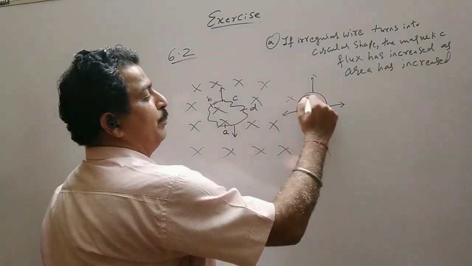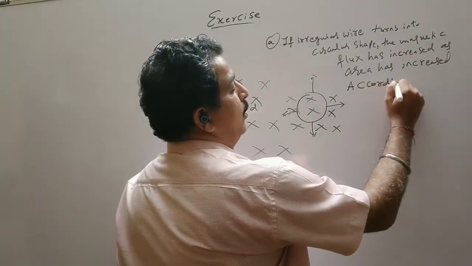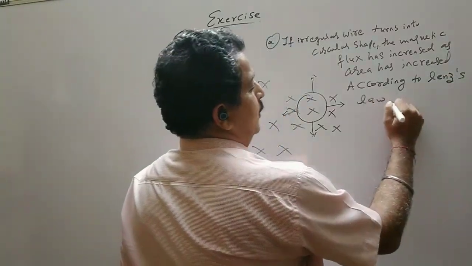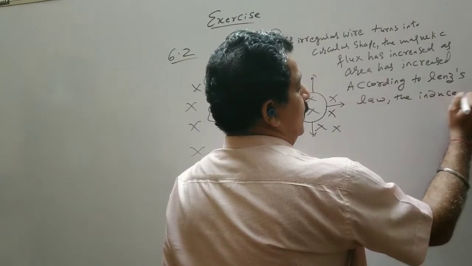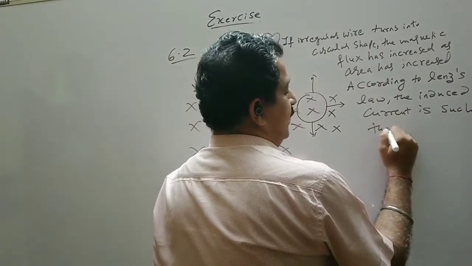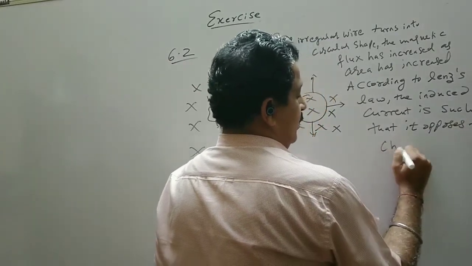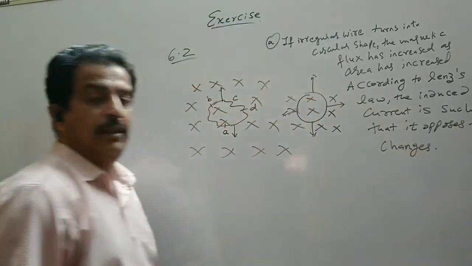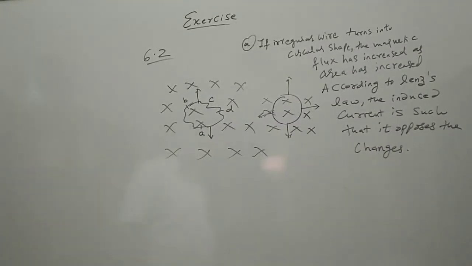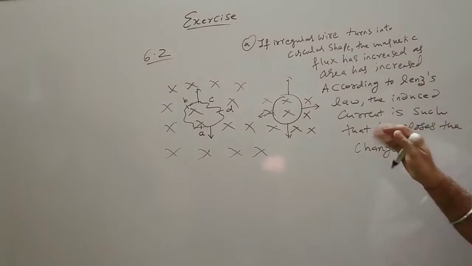Now according to Lenz's law, the induced current is such that it opposes the change. Now this is our situation. So more number of field lines try to enter into the page. We don't want the field lines to enter into it.